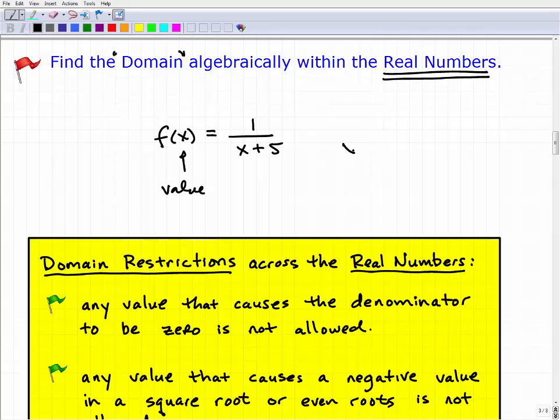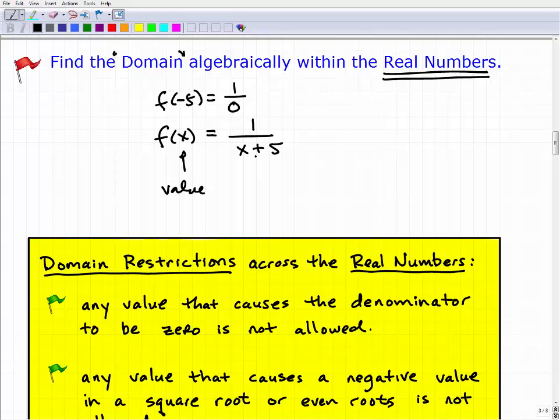And of course there is. It would be x equal to -5. If I found f of -5, or was attempting to, I would get 1 over 0. I would have a 0 in the denominator. That would break the function. So -5 cannot be in the domain.